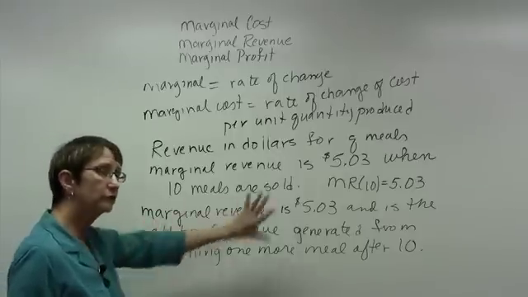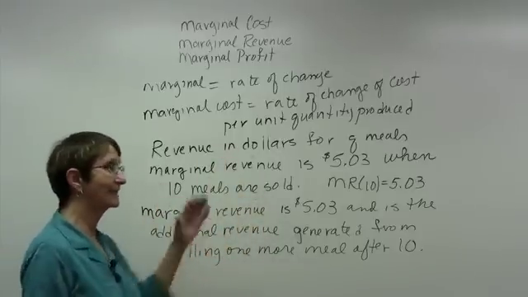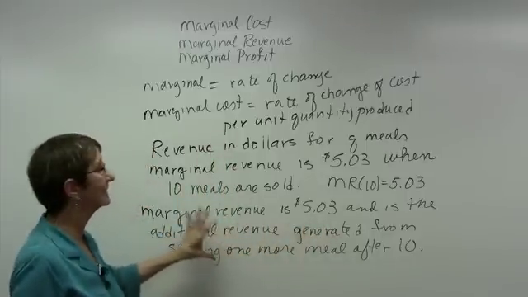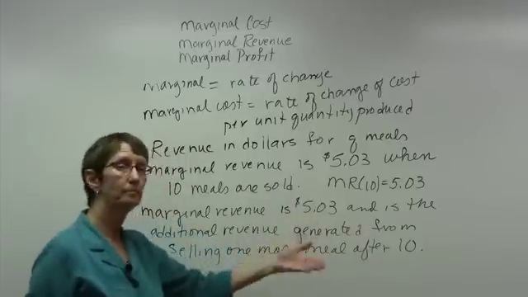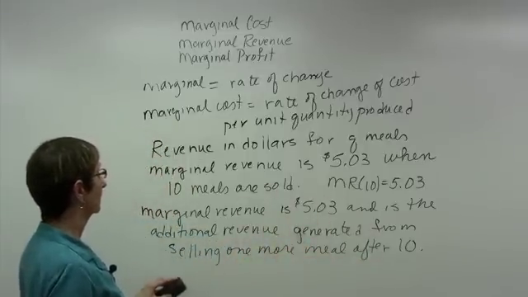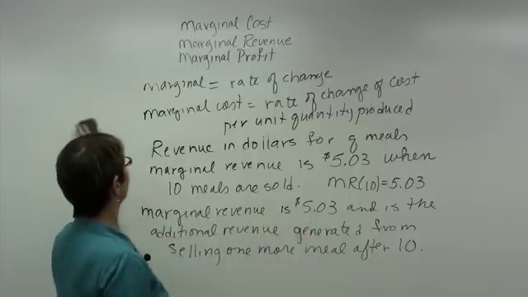There are a lot of different phrases that go along with this, and they're in the examples in the lessons. So there are many different meanings that basically mean one more item beyond what our total is at this point. So our revenue increased $5.03.